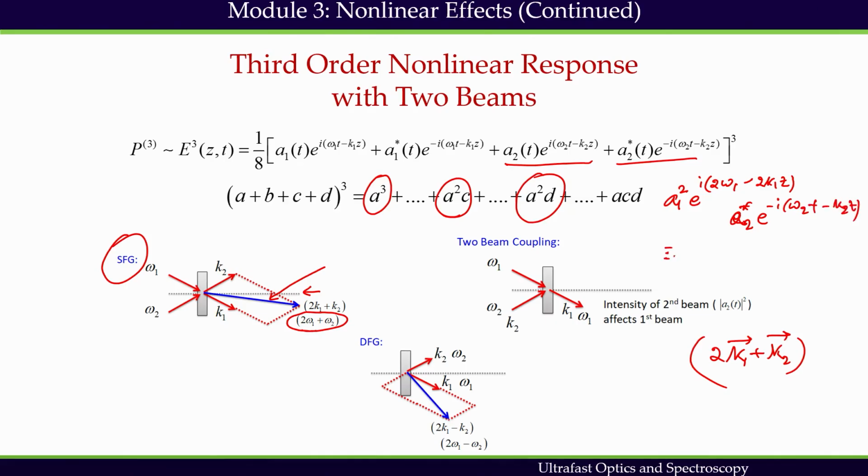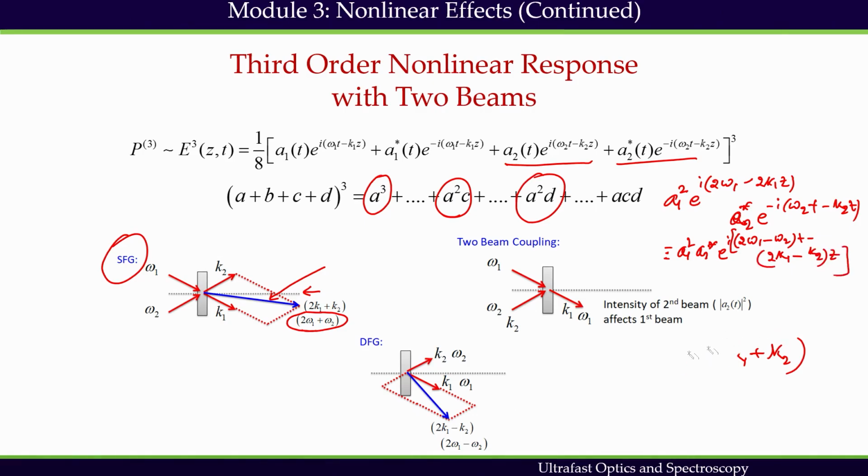If we simplify it, what I get is a1 square a2 star multiplied by e to the power i, (2 omega 1 minus omega 2) t minus (2k1 minus k2) z.